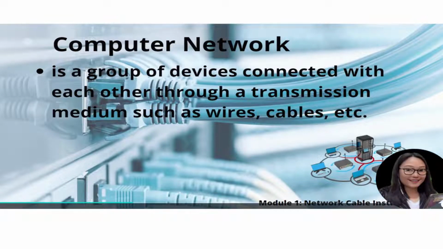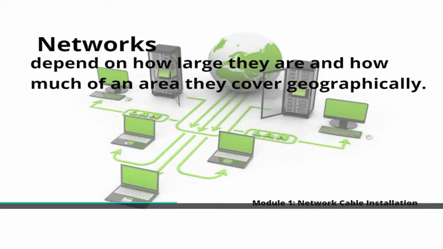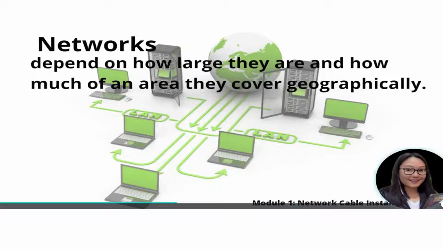What is a network, by the way? Or what are networks? Networks depend on how large they are and how much of an area they cover geographically. What do you mean by geographically? It is the physical features of an area or a structure, whether it is a small, a large, and a wide network.